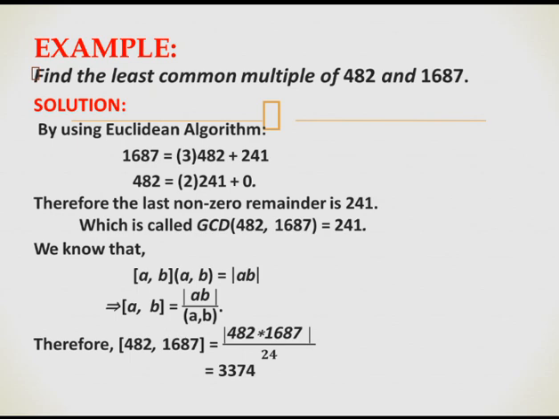Already we know the formula: the least common multiple of a, b times the greatest common divisor of a, b is equal to a into b. From this, the least common multiple of a, b equals ab divided by the greatest common divisor of a, b. Substituting the values of a and b, we get the least common multiple of 482 and 1687. Thank you.